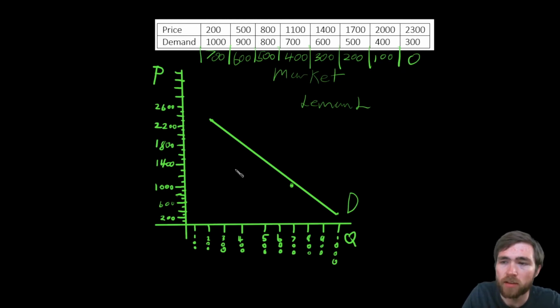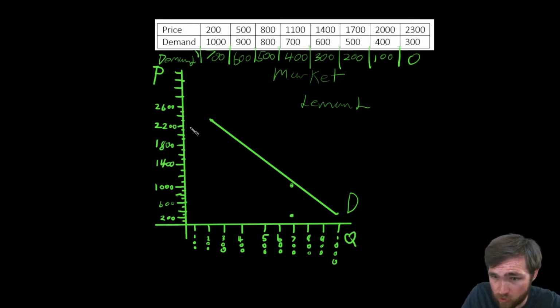All right, so we can just as easily graph this as we did before. At a price of 200, they demand 700 bikes now, right there. And let's do one at the other end. So at a price of 2,000, demanders only demand 100 bikes.